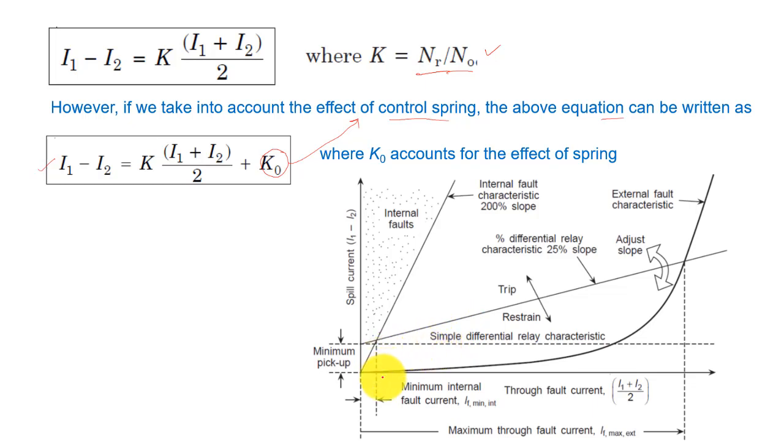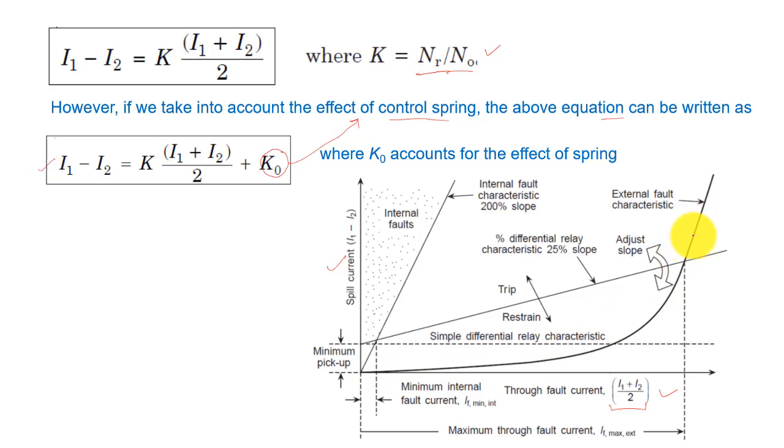So, now let us see the characteristics here. If we plot the spill current versus the through fault current, that is I1 plus I2 by 2, which is in fact the average through fault current, the external fault characteristic will be exponential, as we know.